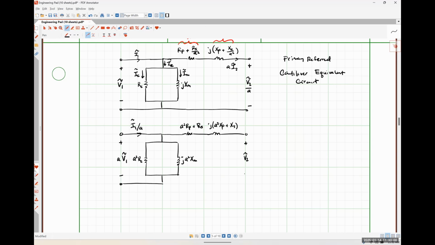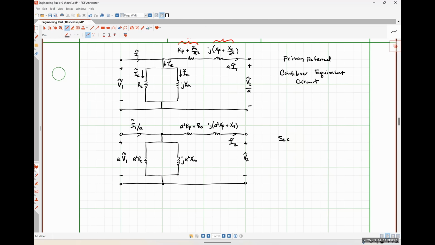This is just the real value of V2. And this is the real value of I2.